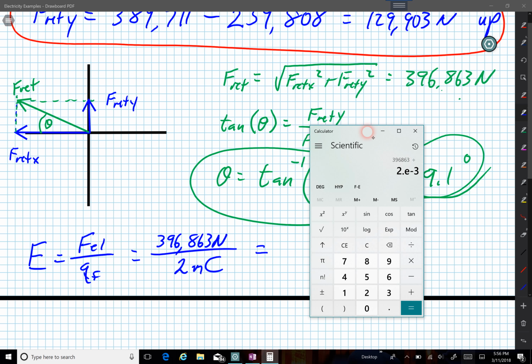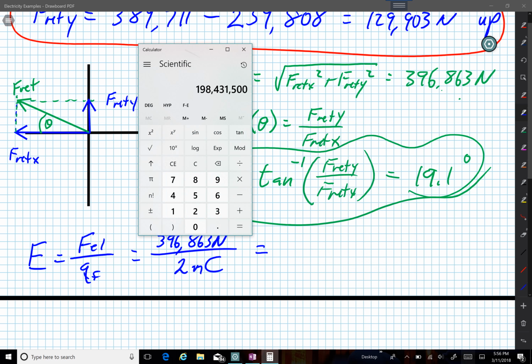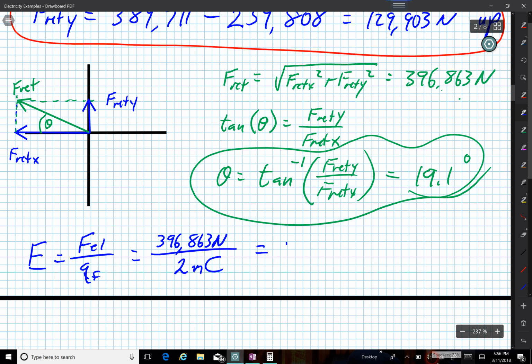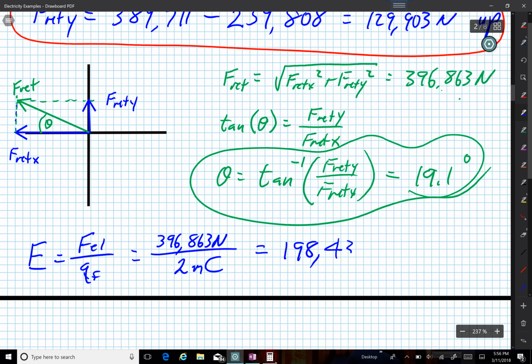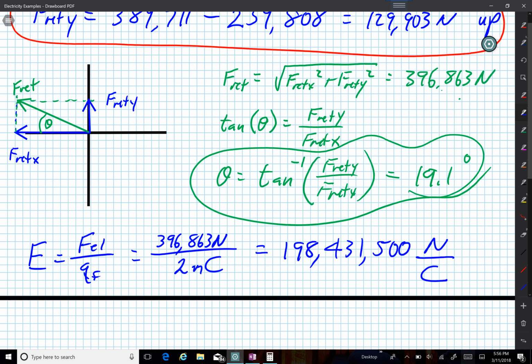That's 2 millicoulombs. And I'm going to get 198,431,500 newtons per coulomb. That's a big electric field. That's a huge electric field. Okay?